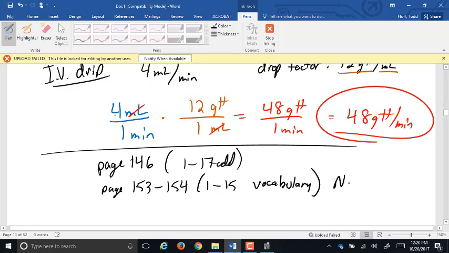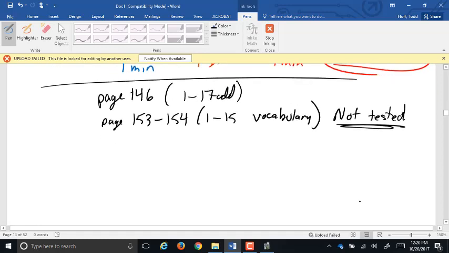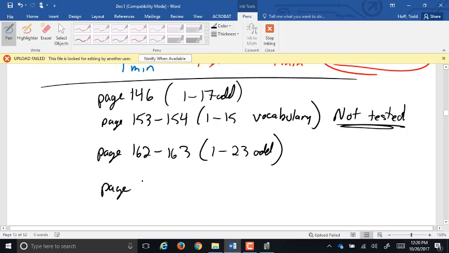I will not test you on this, but it would be good for you to know it because the vocabulary will appear in the problem, so understanding what it means is important. Page 162 to 163 talks briefly about dosage calculation formula. They're focusing on the formula right now. You can use any of the 3 methods you want to. And then finally, page 168 and 169 is the syringes.